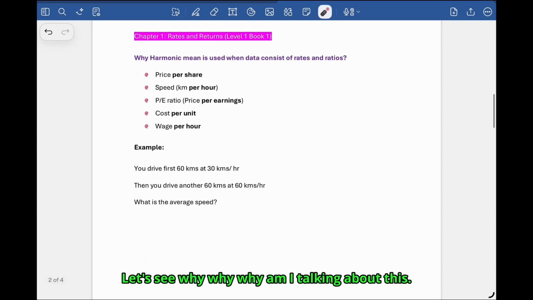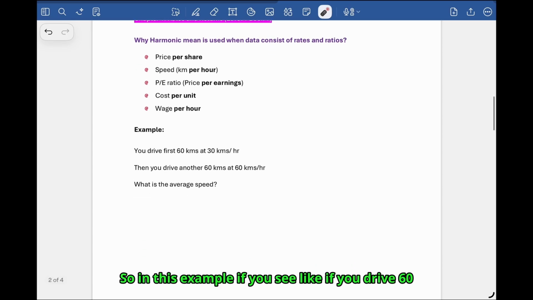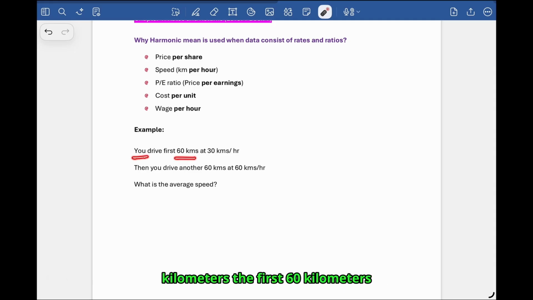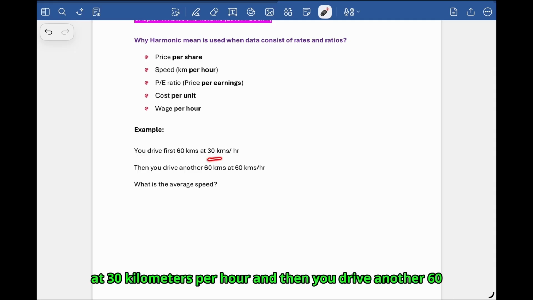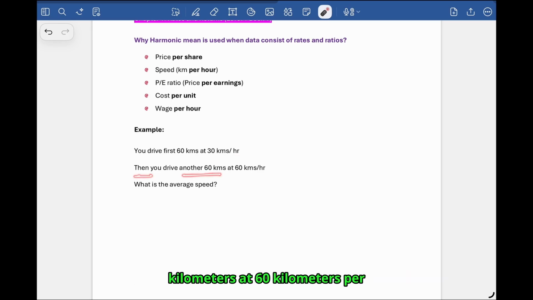Why am I talking about this? In this example, you drive the first 60 kilometers at 30 kilometers per hour, and then you drive another 60 kilometers at 60 kilometers per hour.